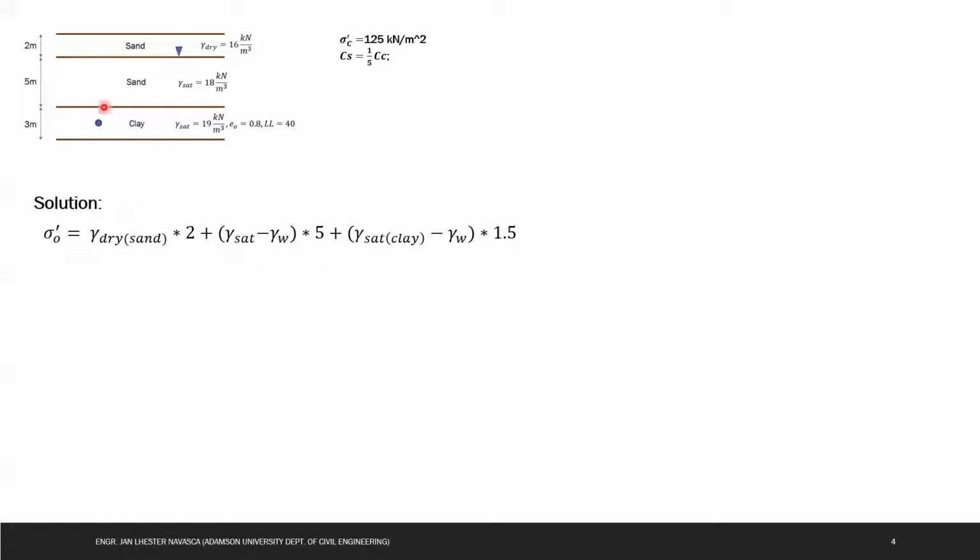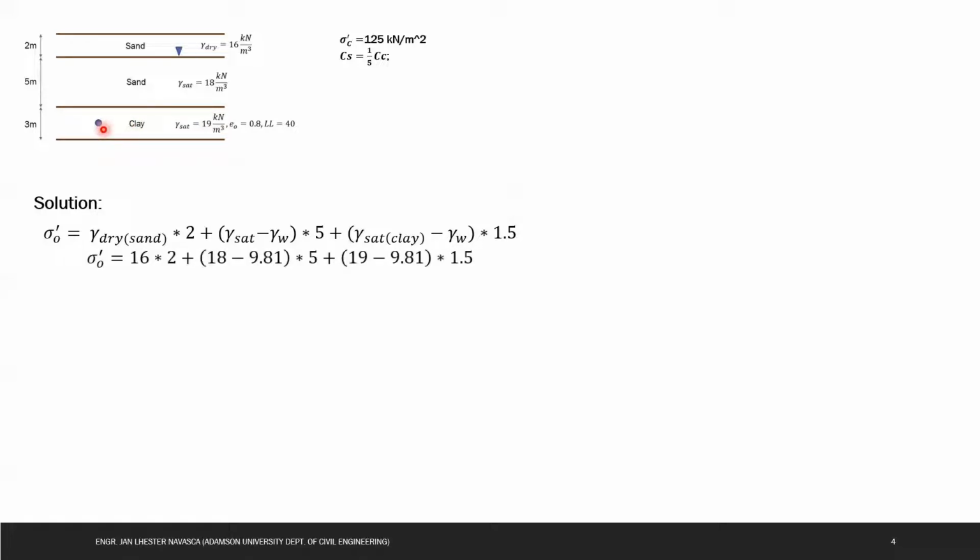Therefore, the effective stress at the mid height of the clay is gamma dry of the sand multiplied by 2 meters, plus, since our sand is saturated, we need to subtract the unit weight of water, so gamma saturated of sand minus the unit weight of water times 5 meters, plus the saturated unit weight of clay minus the unit weight of water times 1.5. 1.5 is the mid height of the clay.